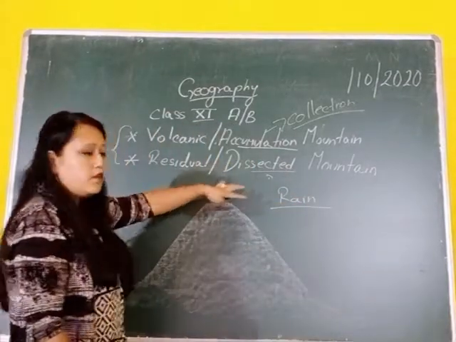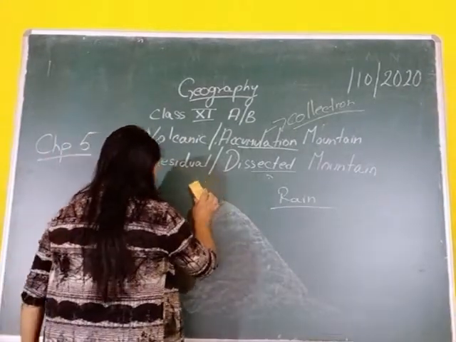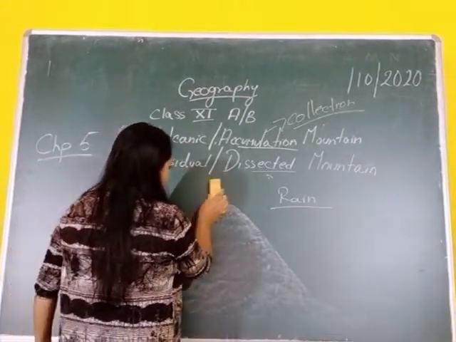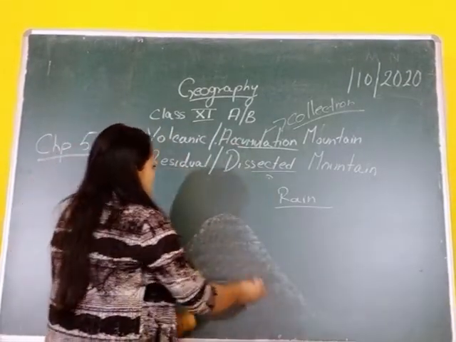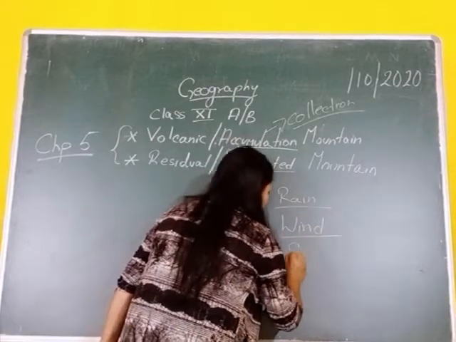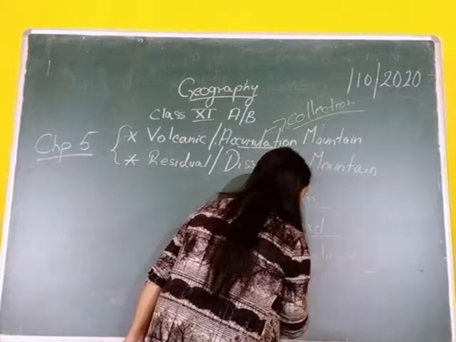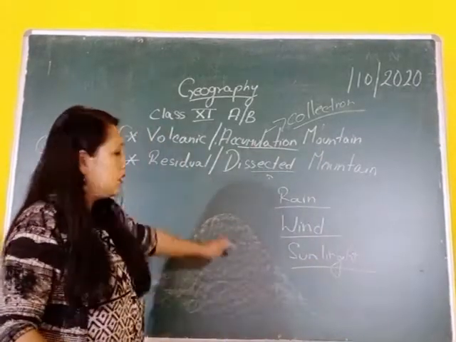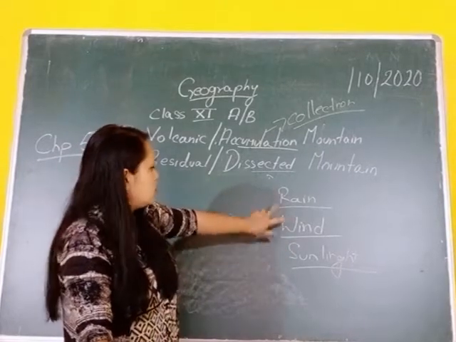Because of rainfall, parts of the surface of the mountains start eroding. Another is wind. Let's just do the three main ones: rain, wind and sunlight.